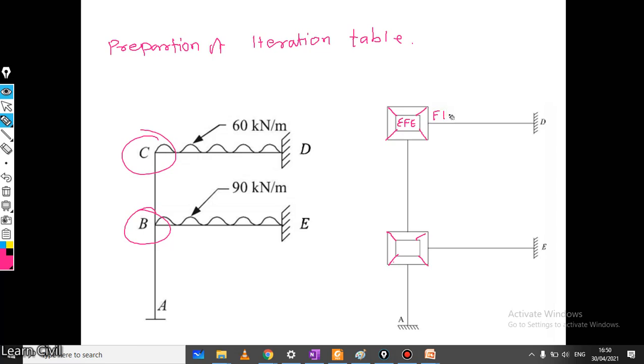Here we will be having some fixed end moment, and we will write down the fixed end moment values like this.